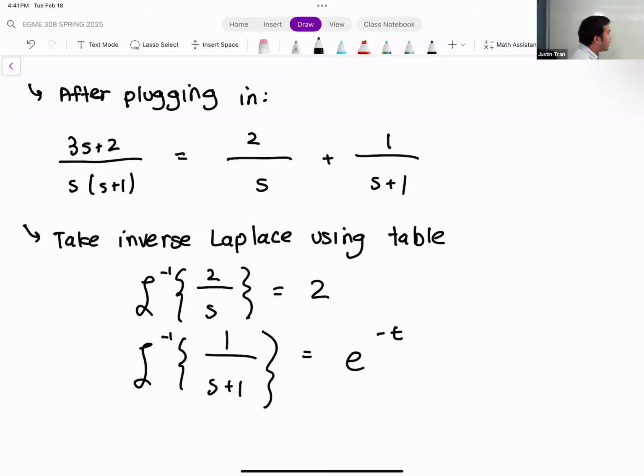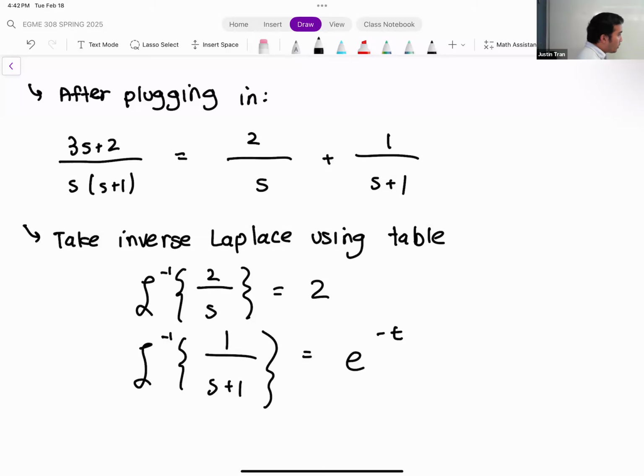Any questions on how we did this? All right, so that's just a quick review of partial fraction decomposition. This is kind of the most ideal case, where you can decompose things and your denominator has all linear terms.